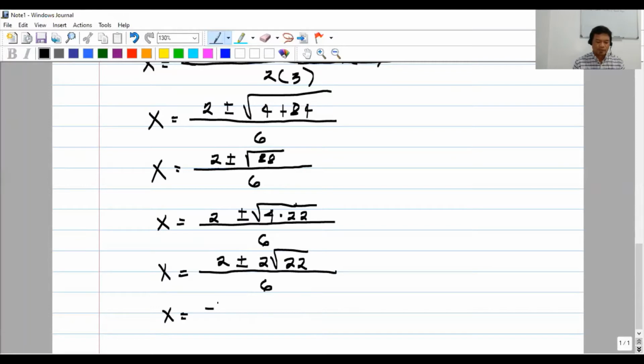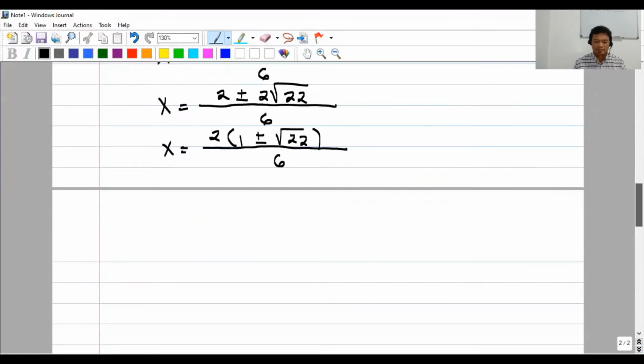So we bring out our 2 here, and what is left inside is 1 plus minus 1 times the square root of 22. But we don't need to write 1 here because it is understood that the coefficient is 1, all over 6.